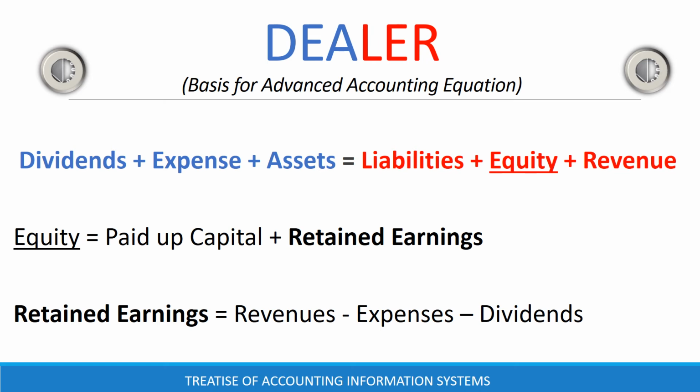The basis for the advanced accounting equation is that in a trial balance, the summation of dividends, expenses, and assets is equal to the summation of liabilities, equity, and revenue. We also know that equity comprises paid up capital and retained earnings. Retained earnings are derived from total revenues less total expenses less total dividends.